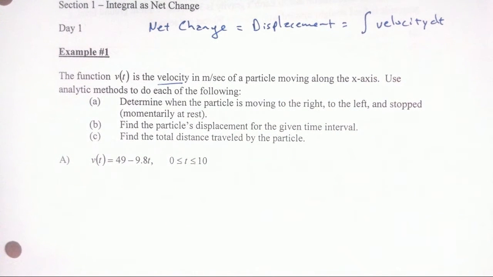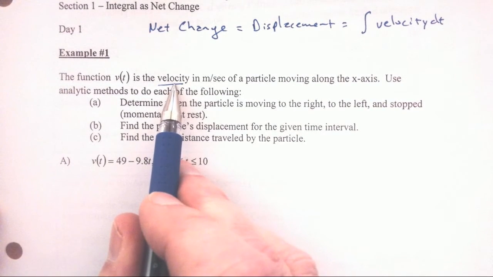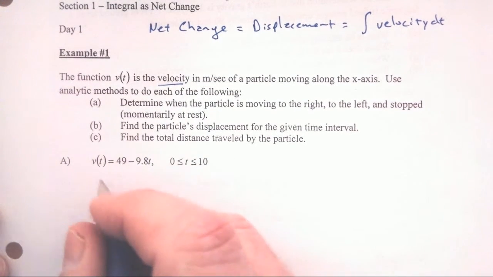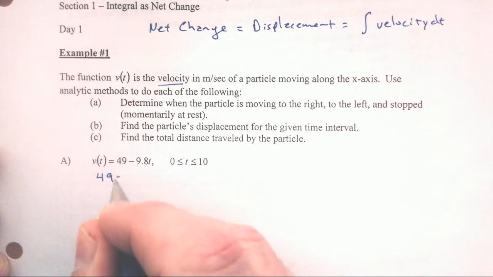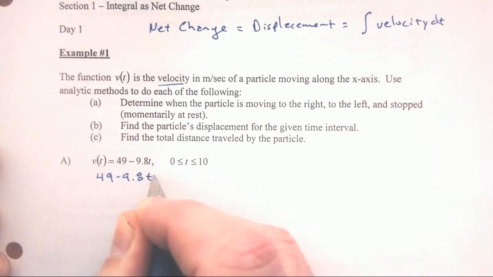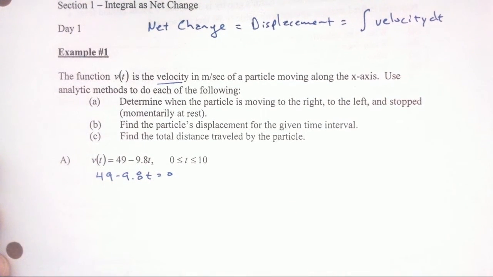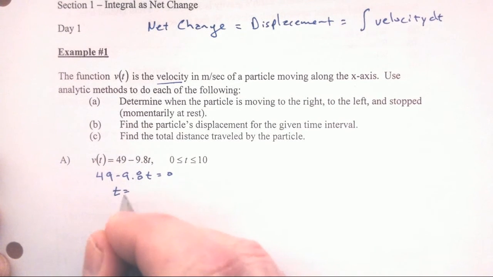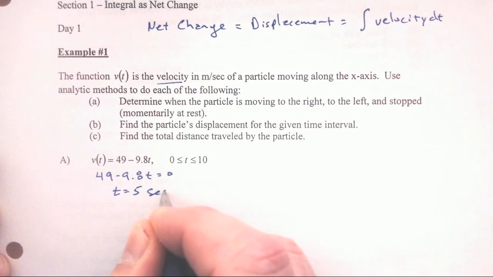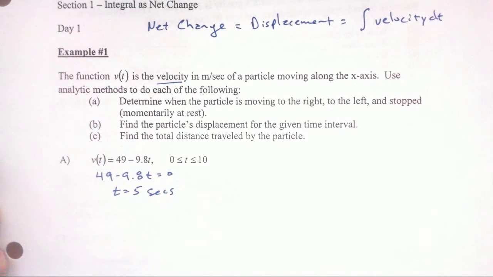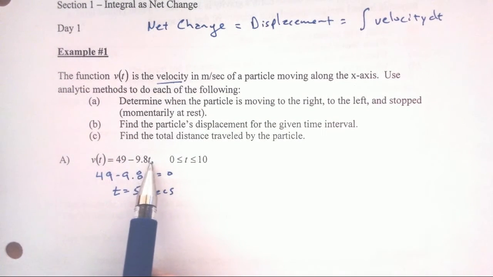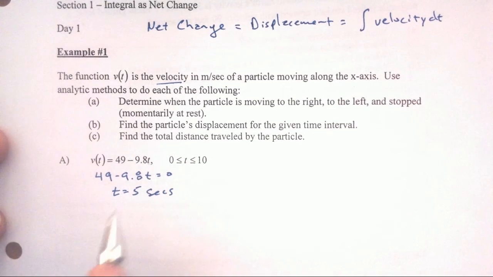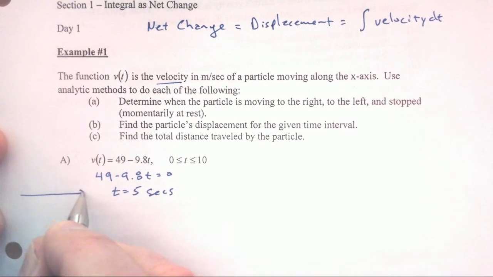Well, if I want to know when it's moving to the right, left, and stops, I want to know when the velocity is positive, negative, and 0. So I'm going to set my velocity equation equal to 0. And with some quick calculation here, we end up with t is 5 seconds. So we could then set this to less than 0, and greater than 0, or we could go to a sign chart on this.